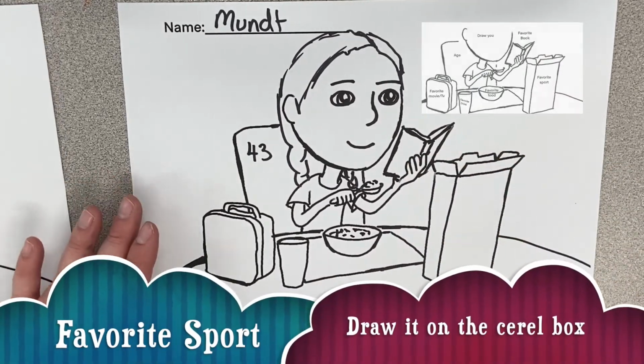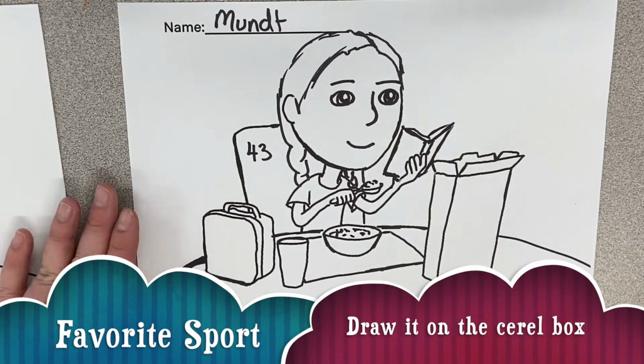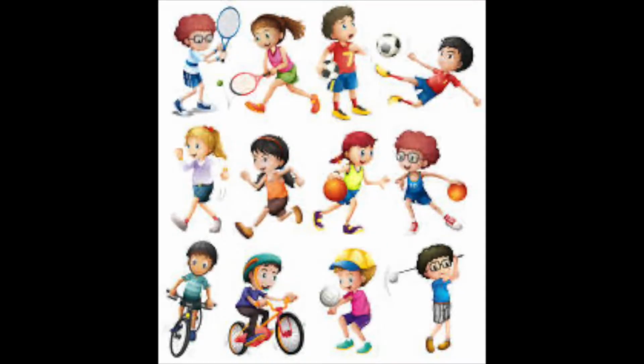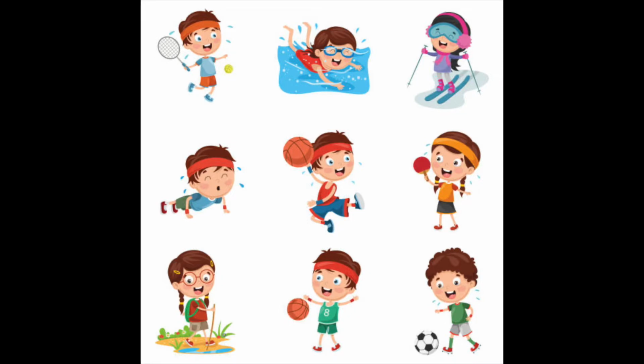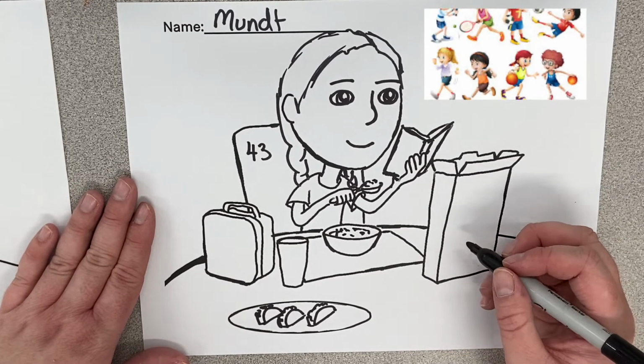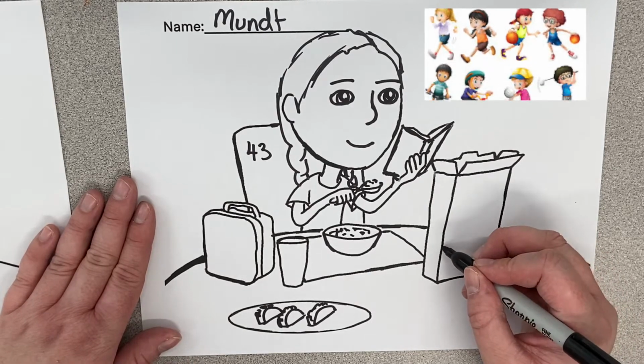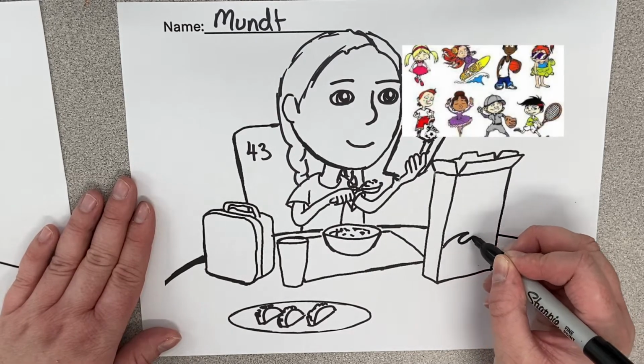On the cereal box, you're going to draw your favorite sport. My favorite sport is swimming. Maybe yours is riding a bike, dancing, soccer, tennis, basketball, hiking, running. Think about your favorite sport and start to draw it.